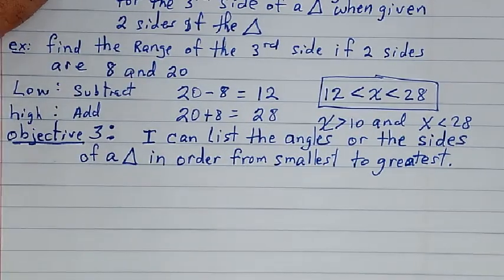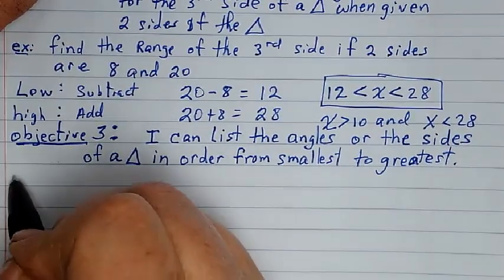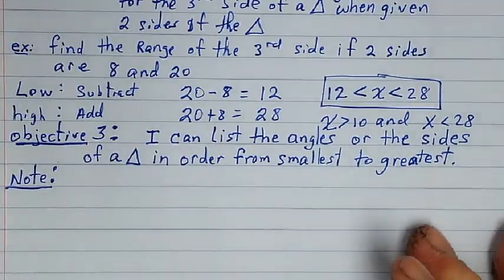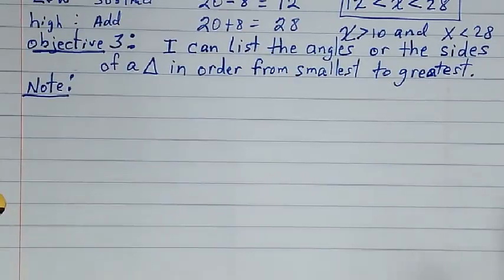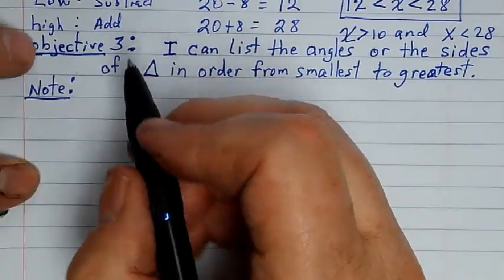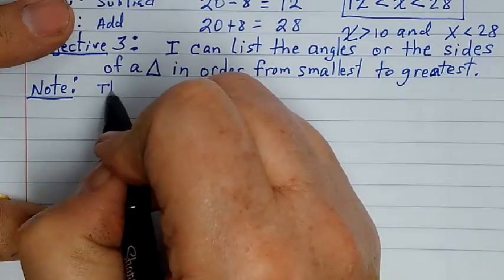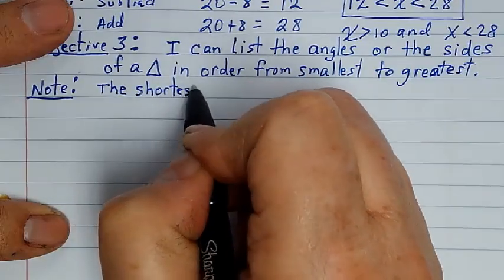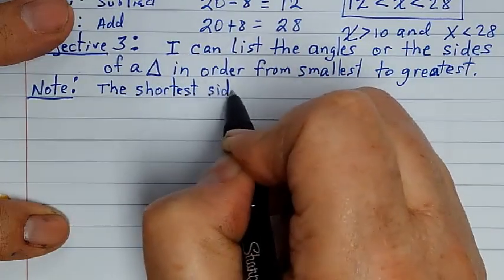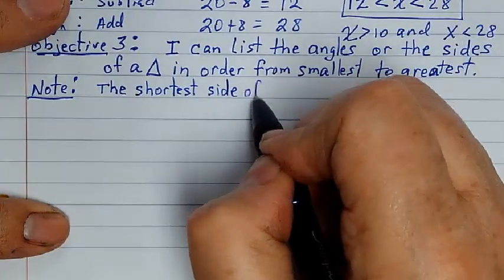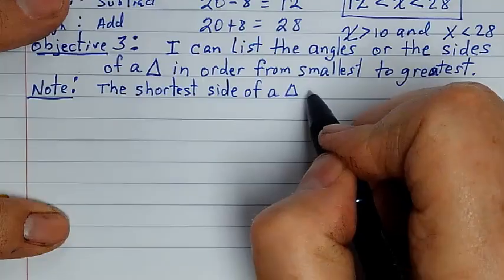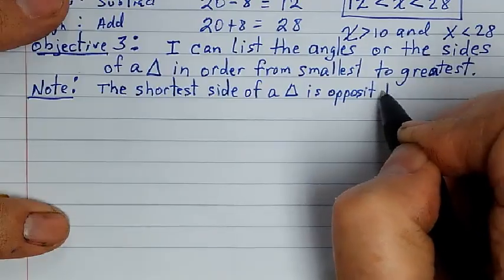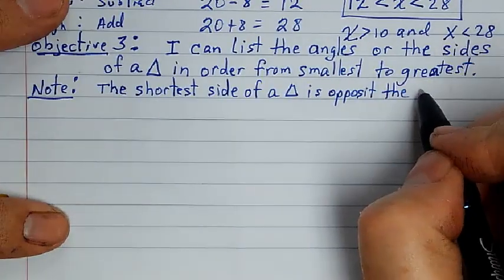Here's a very important note. Everything we do in this particular objective is contingent on this note right here. The shortest side of a triangle is opposite the smallest angle.